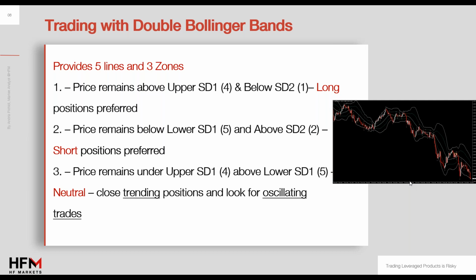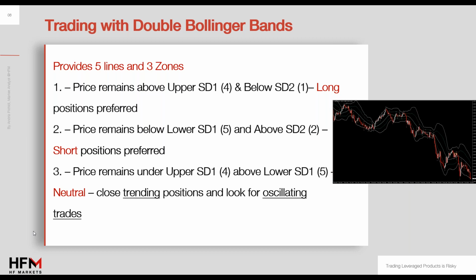So what I mean, the first zone is the zone between the upper 1 standard deviation line and the upper 2 standard deviation line. So is this area, this one.